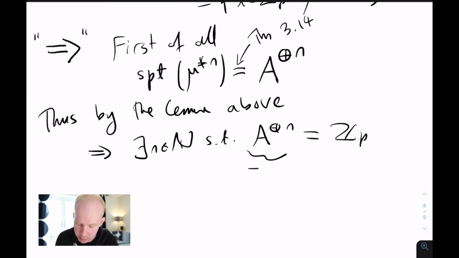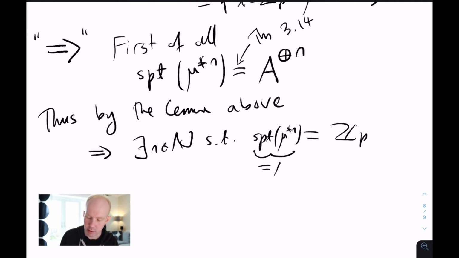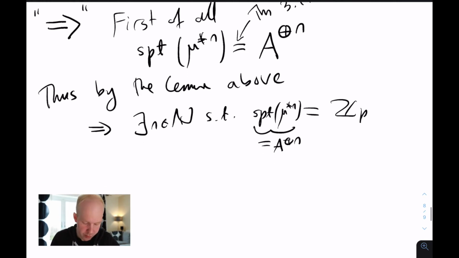And now we can put here directly that the SPT of mu star n is equal to ZP, because this is equal to A plus n. So this direction is basically the lemma we already proved.